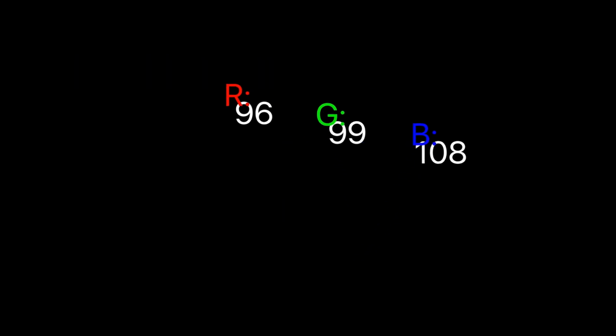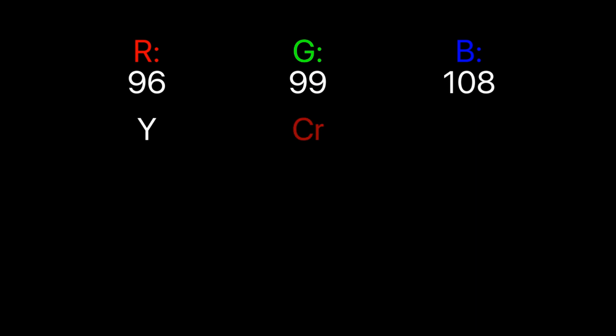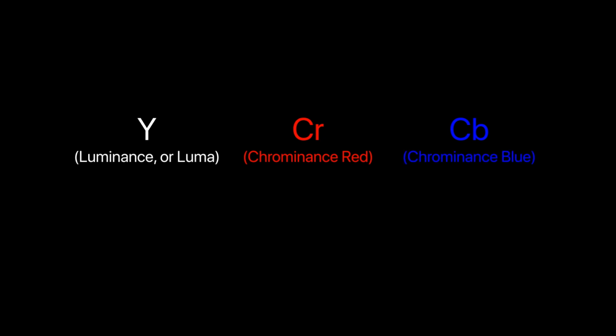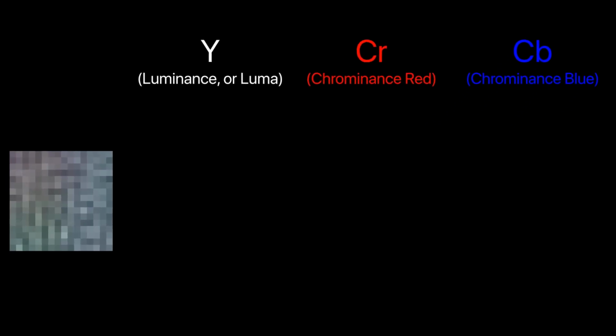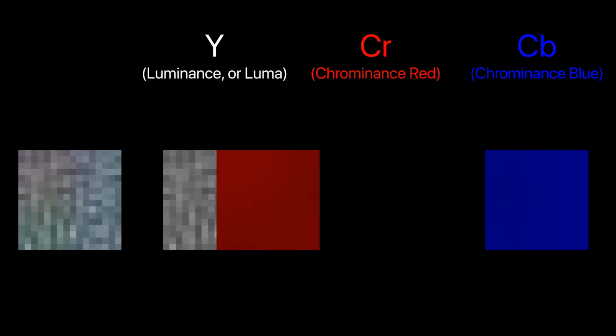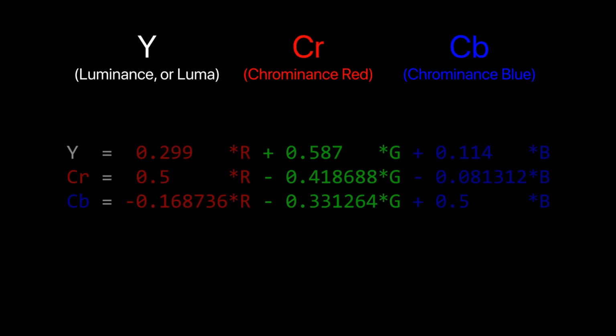Instead of using RGB, we will use a new color system called YCrCb. YCrCb stands for luminance, chrominance red, and chrominance blue. This splits each pixel into 1 Luma component and 2 Chroma components. Here is the mapping from RGB to YCrCb.